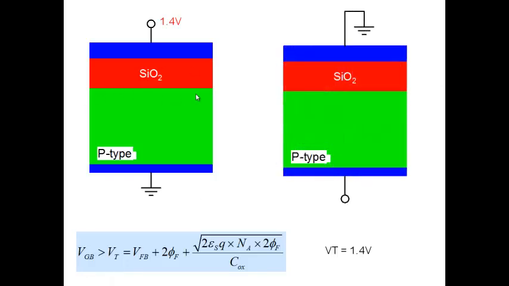What about this situation? Suppose I make the top ground and I apply minus 1.4. Will I have an inversion layer here? Am I at the threshold? What do you think? I apply 1.4 here and 0 here, or ground here and minus 1.4 here. Any difference between the two?